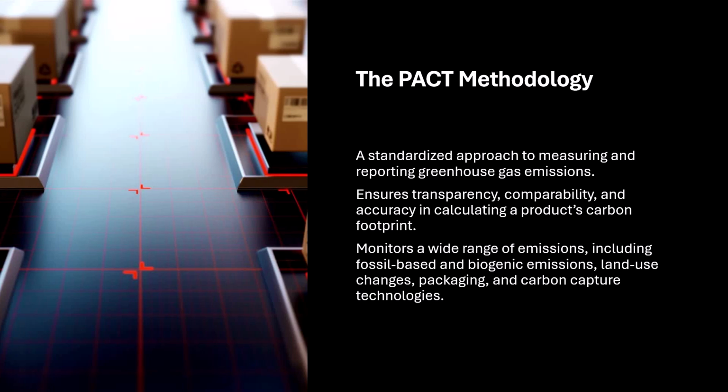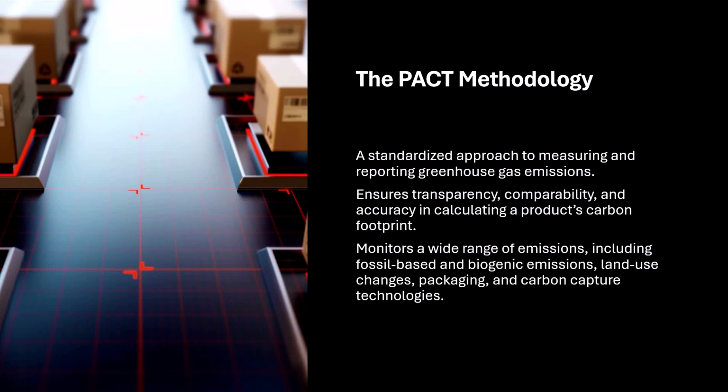The PACT methodology, or product attribute to impact algorithm, is a standardized approach to measuring and reporting greenhouse gas emissions. It is particularly relevant in today's world where industries are under increasing pressure to disclose their environmental impacts and align with global sustainability goals.